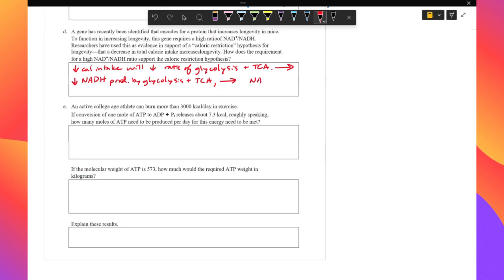Therefore, the ratio of NAD+ to NADH will also increase.